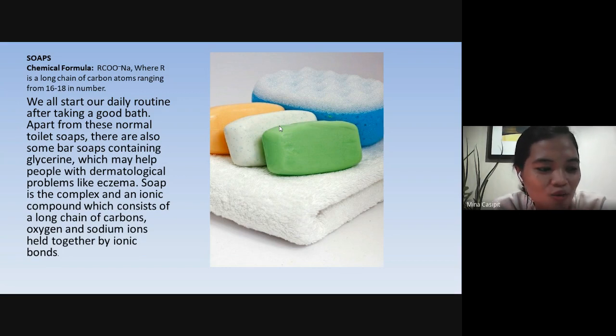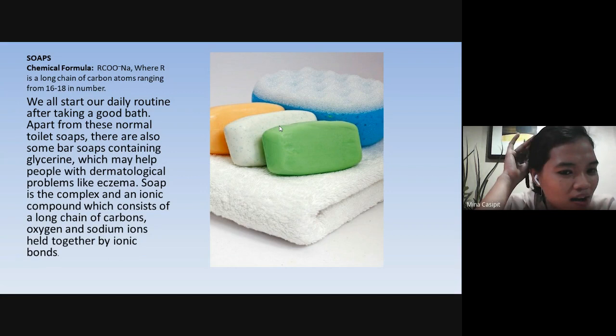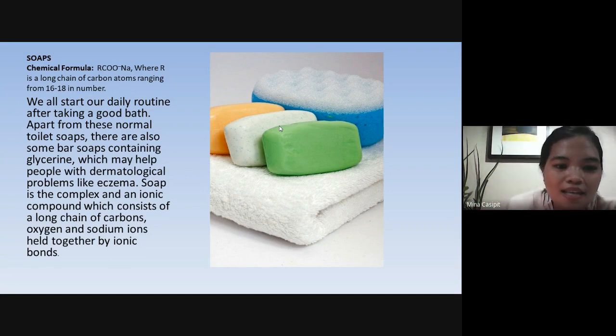Para matanggal daw yung mga germs na nakadikit sa ating katawan. Meron ba ditong hindi naliligo or hindi gumagamit ng sabon? Okay, I hope wala. Lahat naliligo araw-araw. So, this soap is considered as an item that is bonded by ionic bond.